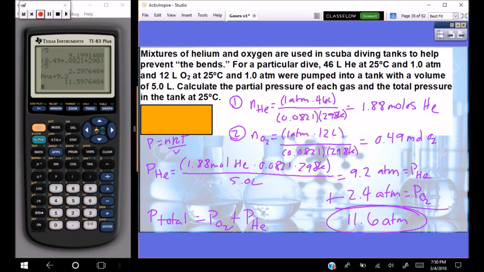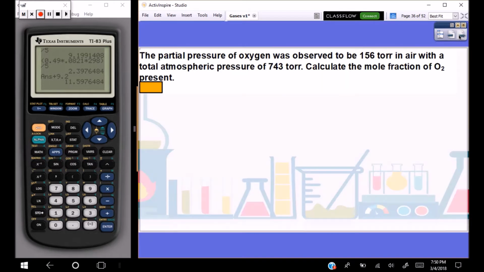Okay. So a couple things. First, find the moles for your initial condition, then you can plug that into the gas law under the new condition, which is my container of 5 liters. And then you get the pressures of each and then add them together. Sheesh, that was a long problem, but it was a good one.